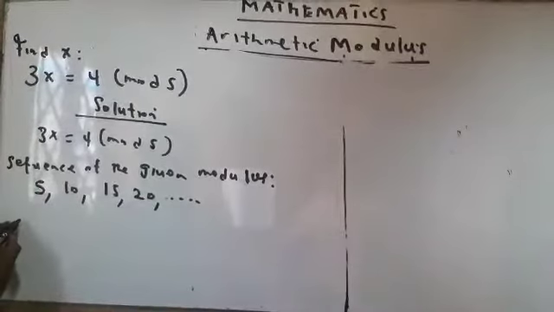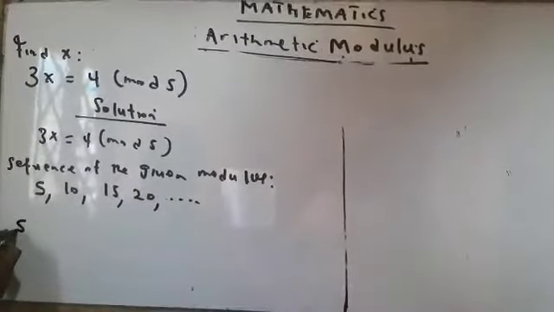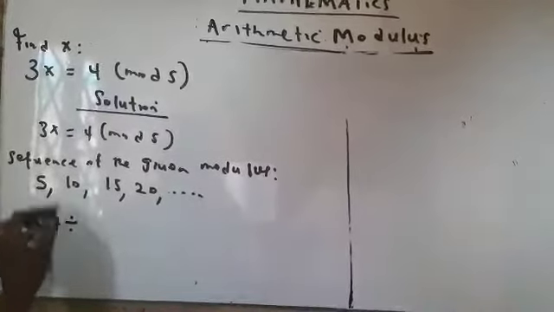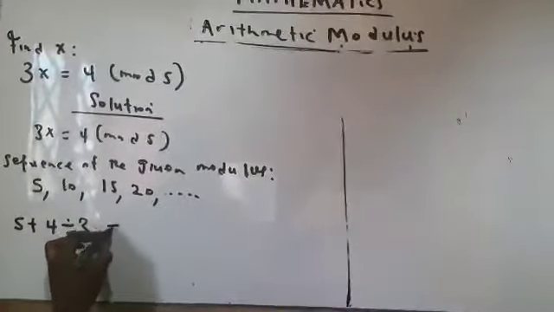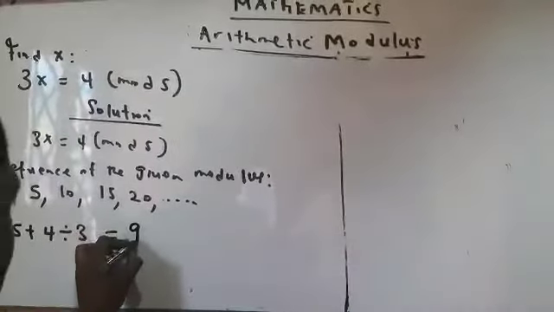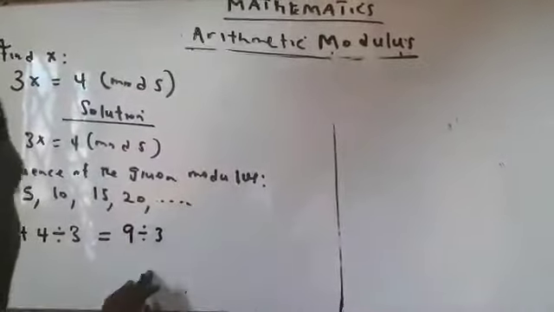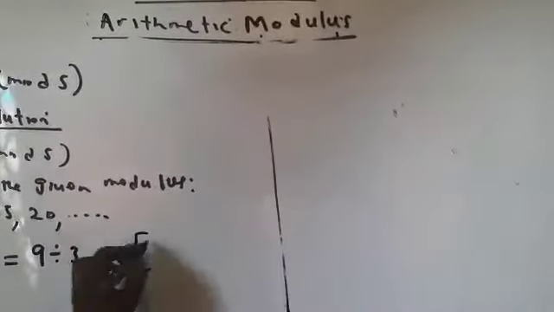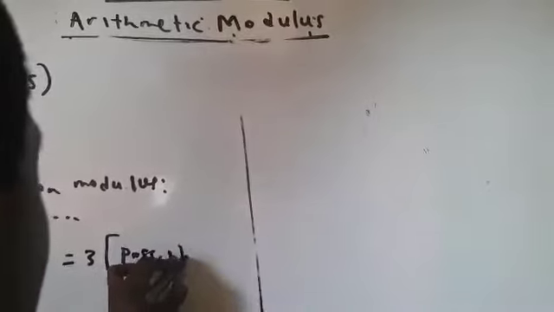Now if I add 5 as my first sequence plus 4, divided by 3, what will be the outcome? 5 plus 4 is 9. 9 divided by 3 will give me what? 3. That means this sequence is possible.